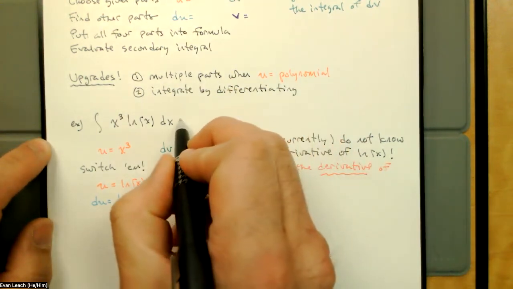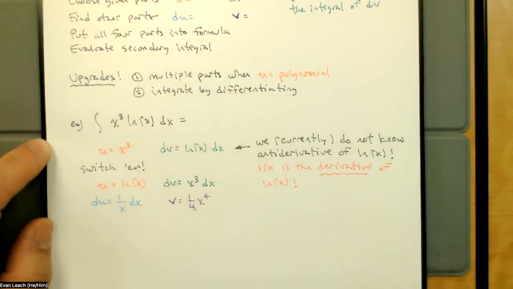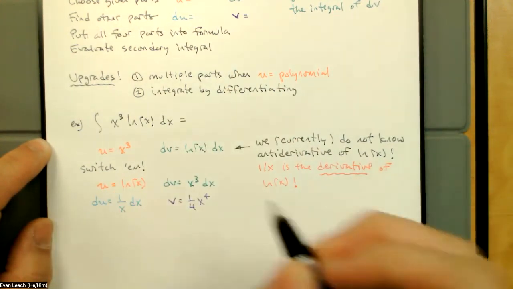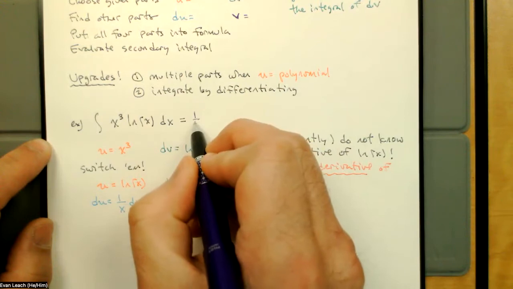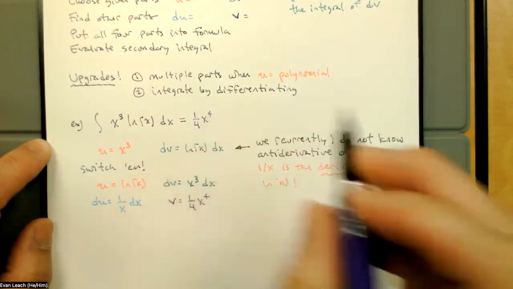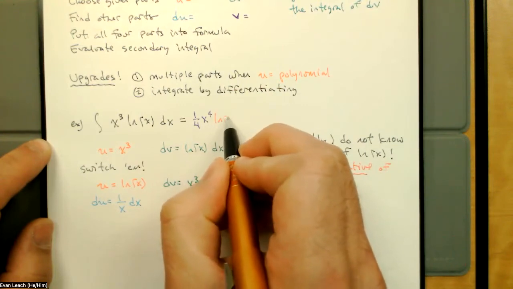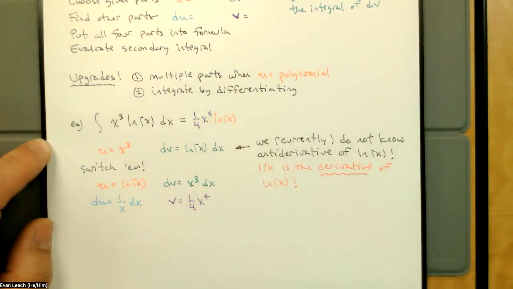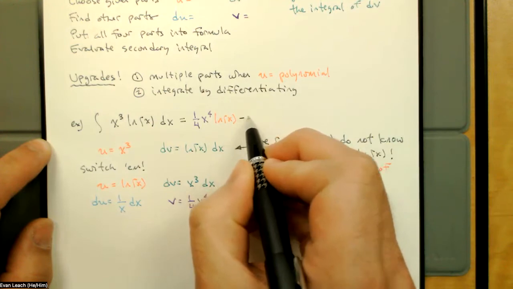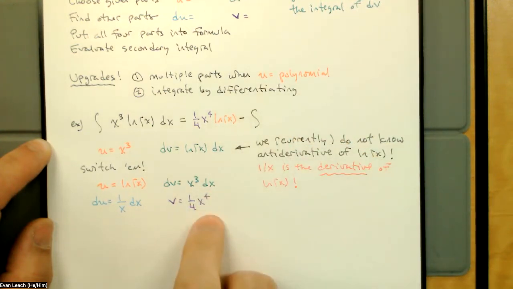So putting together in the parts formula, I get uv, so 1/4 x to the fourth times the natural log of x, minus the integral of 1/4 x to the fourth times 1/x dx.